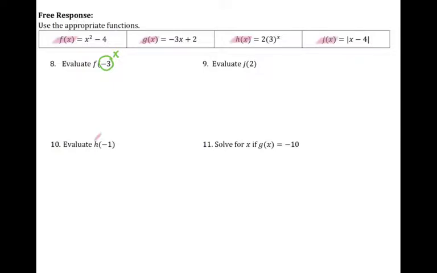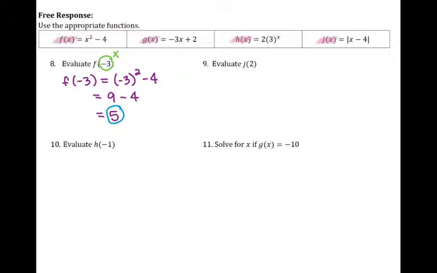So this one says f of -3, so I'm going to plug into my first function, the f function. So wherever I see an x, I'm going to plug in a -3. And then just be careful as you're evaluating. So -3 squared is -3 times -3, which is a +9 minus 4, which is 5.